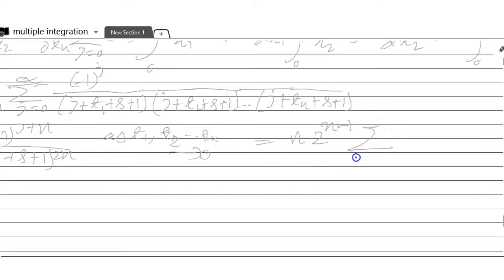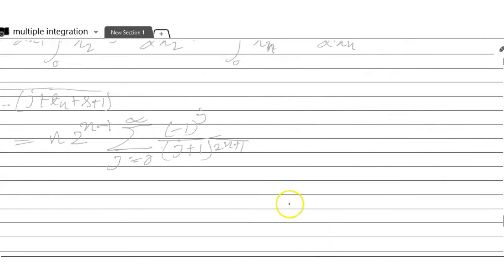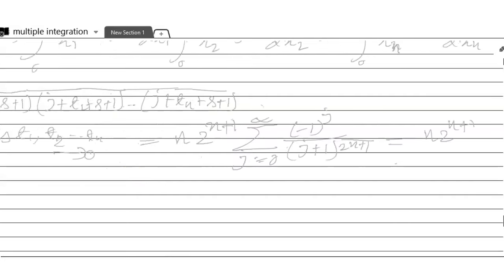Summation j equals 0 to infinity, minus 1 to the power j, divided by (j plus 1) whole to the power 2n plus 1. It can be represented in the way that n into 2 to the power n minus 1, n plus 1, it is 2 to the power n plus 1, sorry.